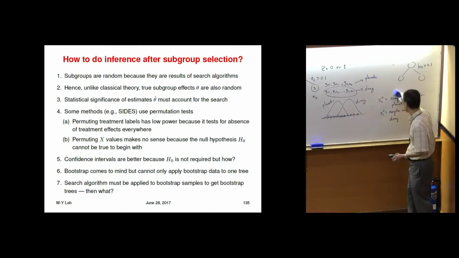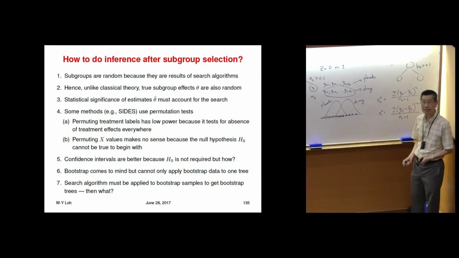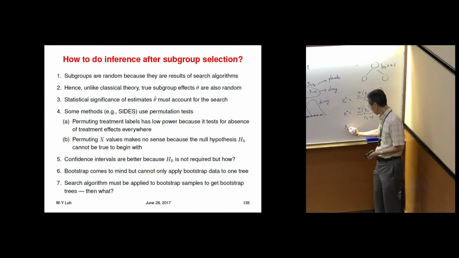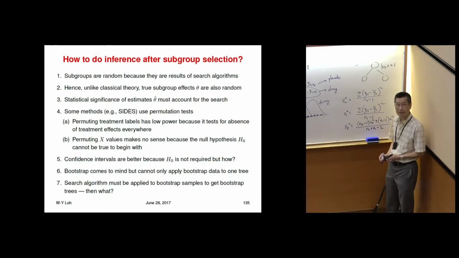So this is summation of y0i minus y0 bar squared over n0 minus 1. This is summation of y1i minus y1 bar squared over n1 minus 1, right? And then you can pool it. SP squared will be n0 minus 1 times s0 squared plus n1 minus 1 times s1 squared, divided by n0 plus n1 minus 2, right? Okay?